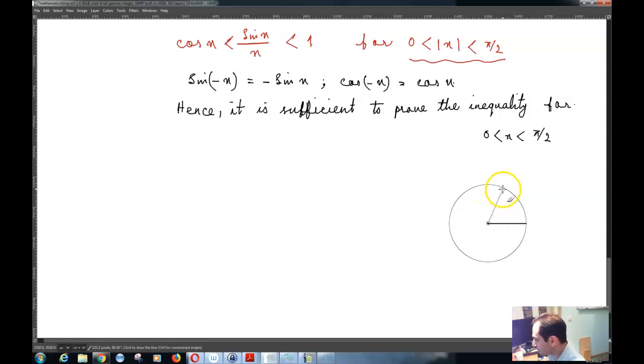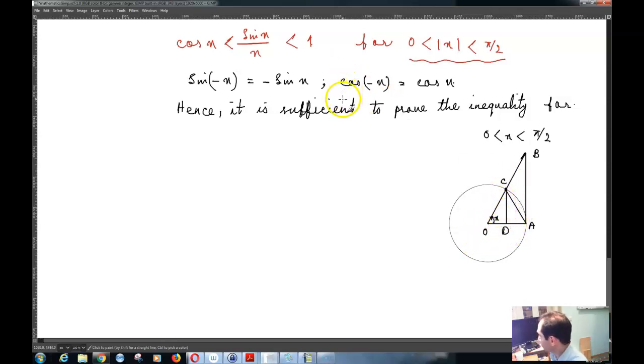I will draw some angle x over here, and I will draw this perpendicular, and then I will draw this perpendicular from here. I will connect these two points, and I call this point O, this point A, this point D, this point C, and this point B, and I call this angle X, and that's basically all that we need here.